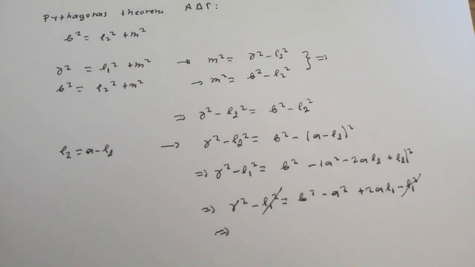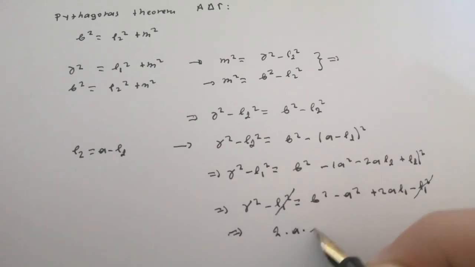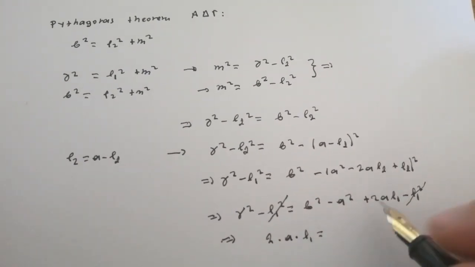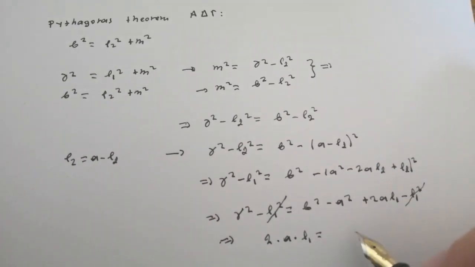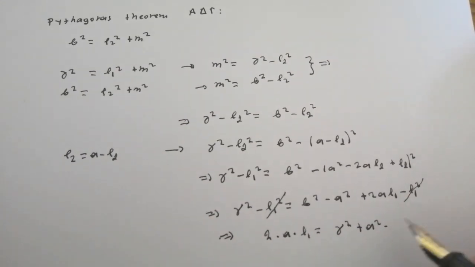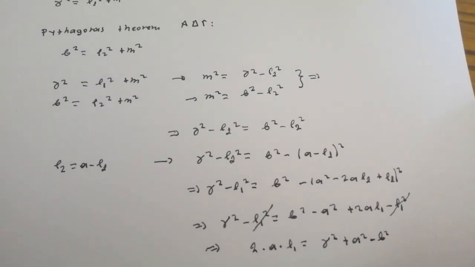So we have that 2 times alpha times L1 is equal to gamma squared plus alpha squared minus beta squared.